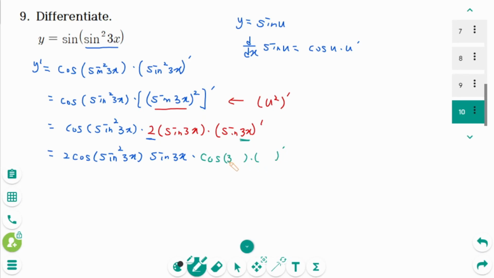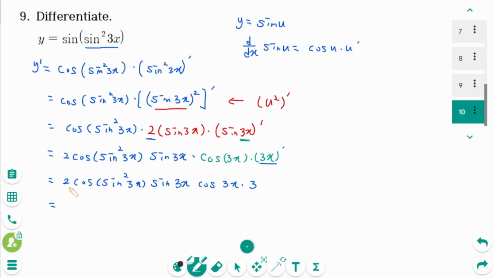The inner function is 3x, equals 2 cosine of sine squared 3x times sine 3x cosine 3x times 3x prime, which equals 3.